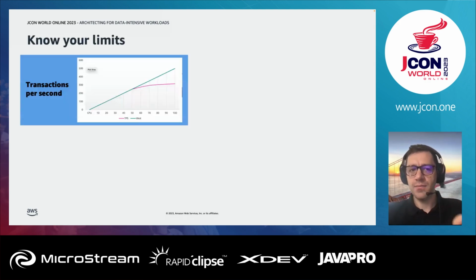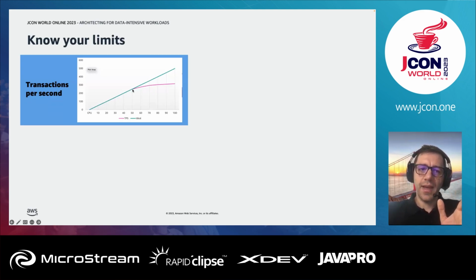And how you do that, you benchmark your application, right? You just start sending thousands, millions of transactions into your application as it is today, and look at whether, if you add more and more CPUs, the transactions per second increase linearly with those CPUs. And you will see at some point there will be an inflection point.